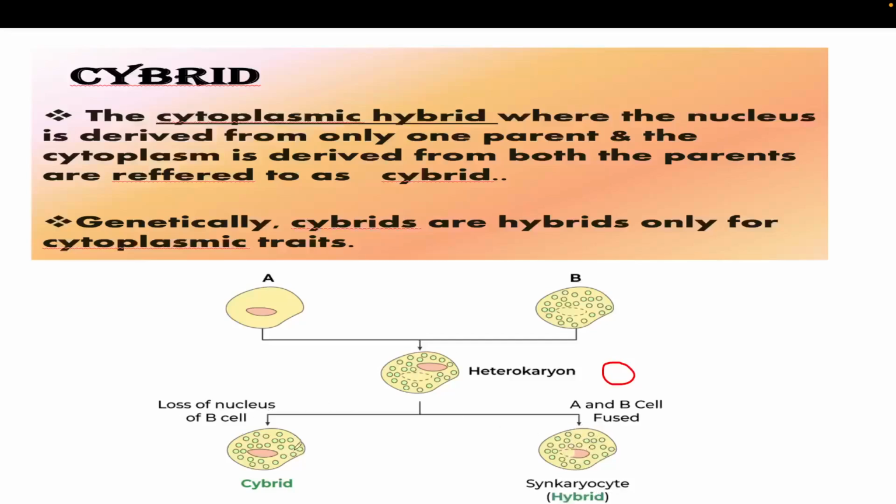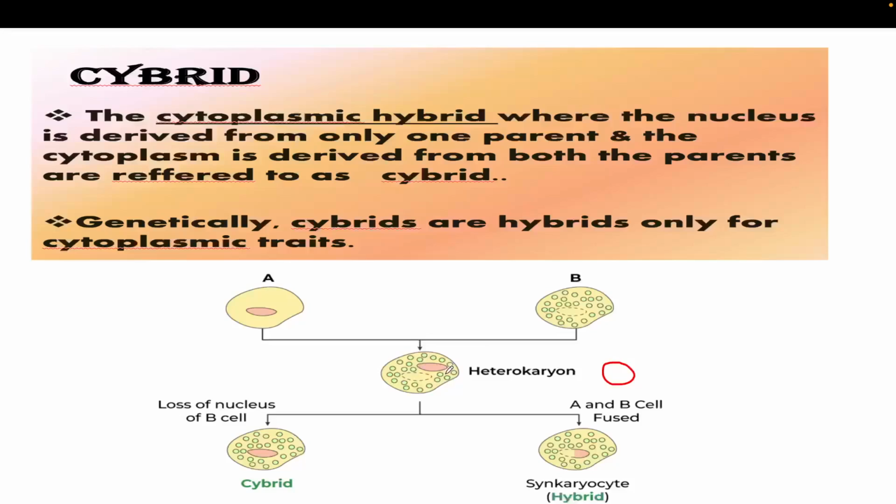But in the case of the cybrid, what you have to do is remove one nucleus from the heterokaryon, either through radiation or by making it an enucleated cell.